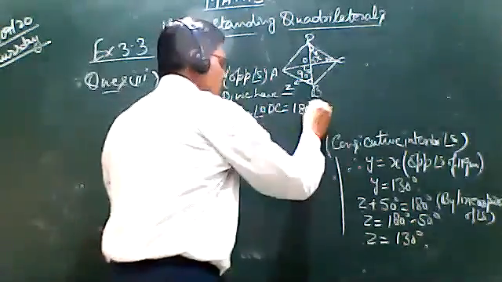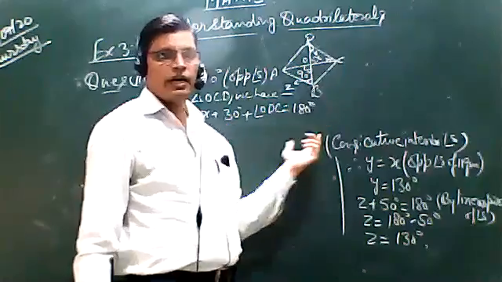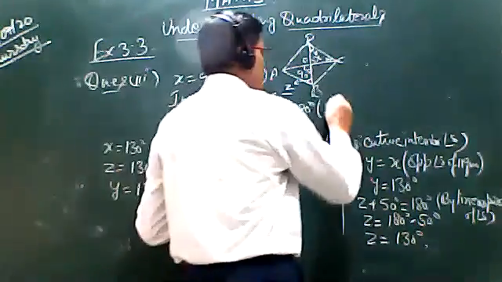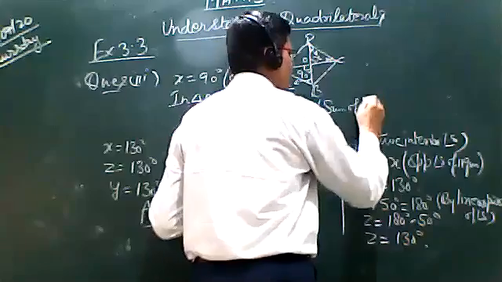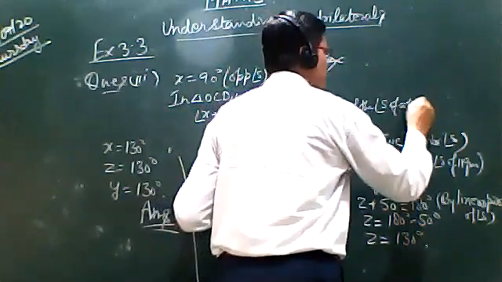Why? The sum of the angles of a triangle is 180.